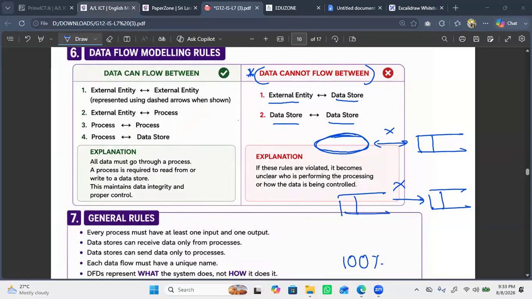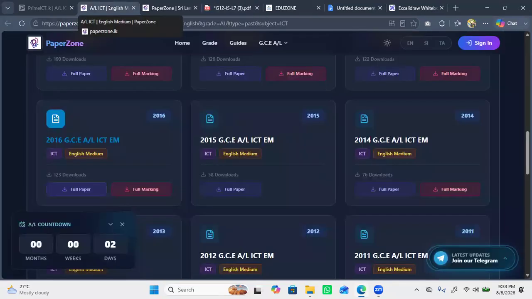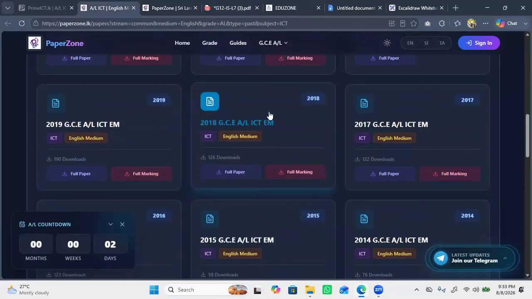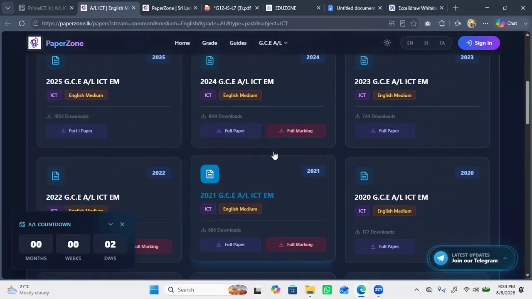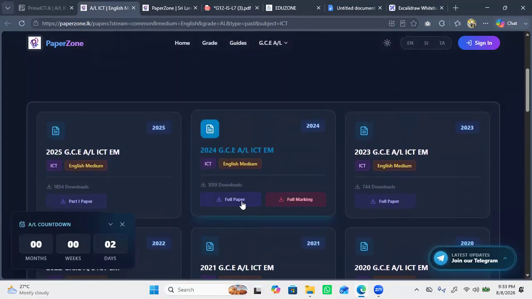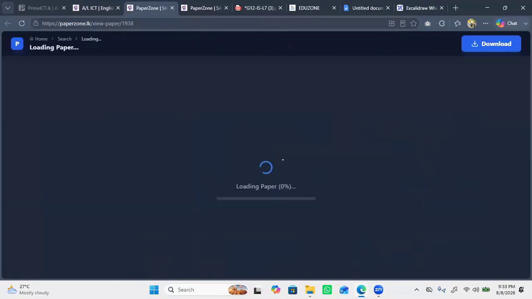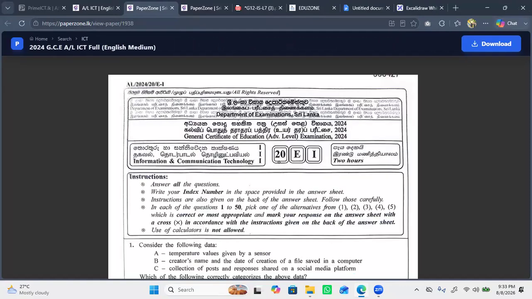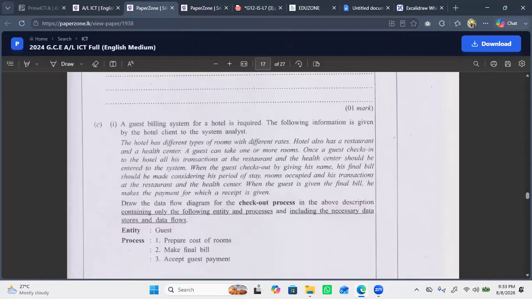Then shall we do a small MCQ question to get the full understanding here? Small one. Let's take the 2024 paper and see if there are any questions available for us. If it is not clear, drop me a message and tell me. I can explain.